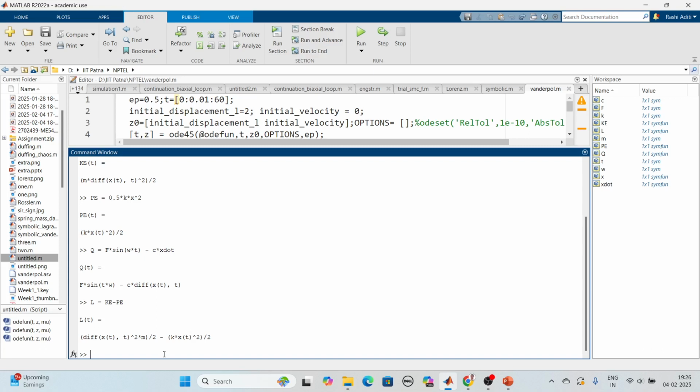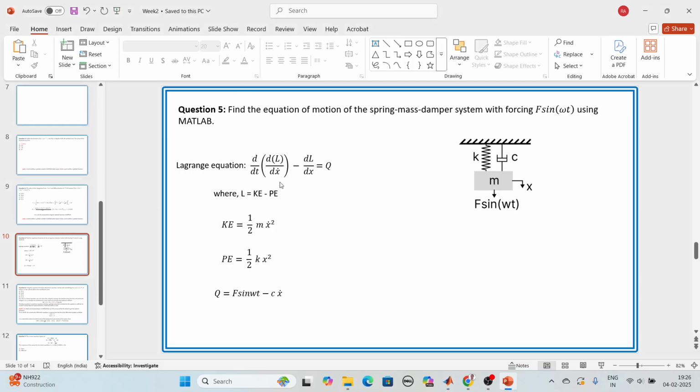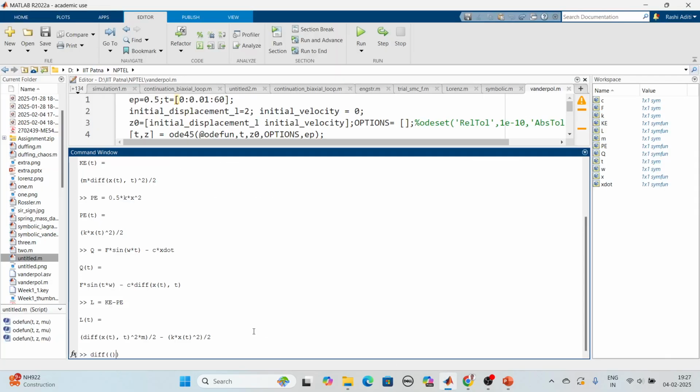So what was my Lagrange equation? If you remember the Lagrange equation, I'll show it here. First, I had the differentiation of the Lagrangian with respect to the velocity x dot, and then I had the differentiation of this whole term with respect to time. So if I want to write this in MATLAB, I'll write diff of something with respect to t, and this something is nothing but diff of L with respect to x dot.